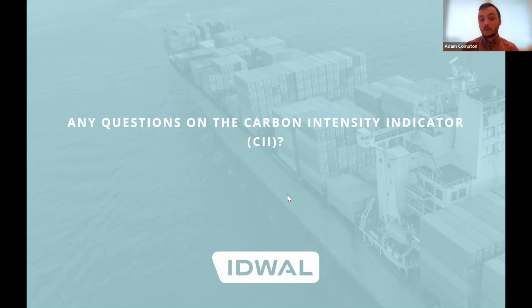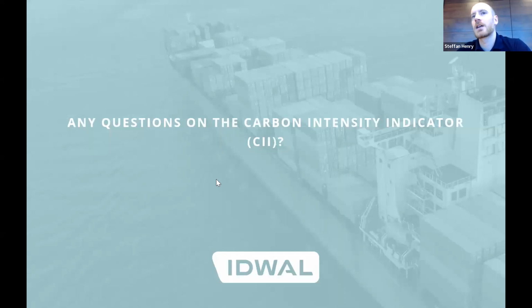And another viewer says, what about ballast voyages and port stay? For the CII, they are sort of ignored really, in the sense that it's simply the entire distance you've traveled and the deadweight of the vessel. So even though it's not really accurate, in the sense that it's not fair to calculate the carbon for ballast voyages and port stays, it is applied to all vessels.